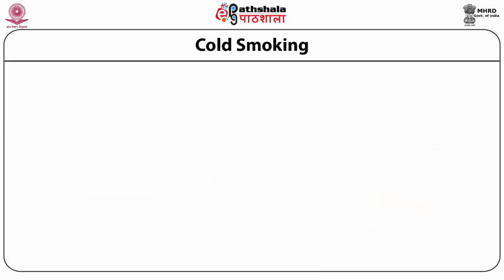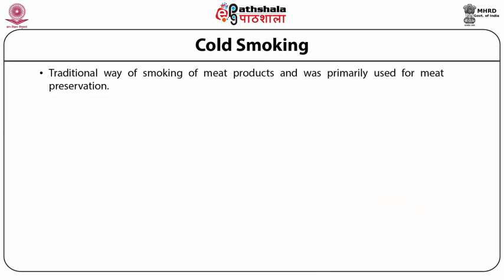Cold smoking. This is the traditional way of smoking meat products and was primarily used for meat preservation. Nowadays, it serves more for flavor and color formation, for example, in sausage made from pre-cooked materials such as liver sausage and blood sausage.